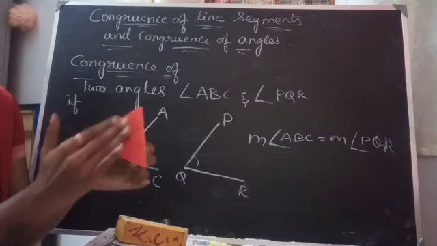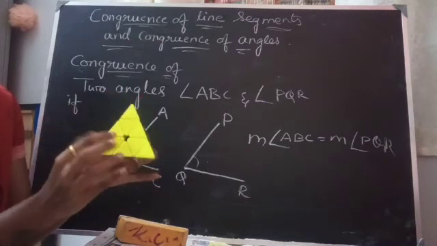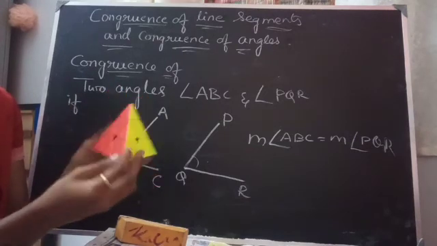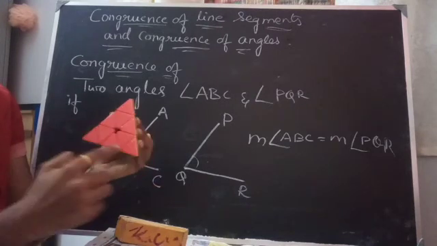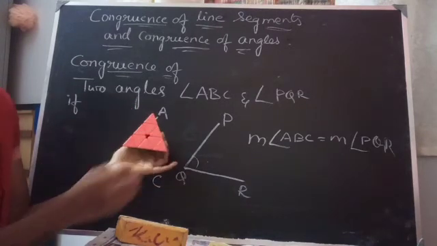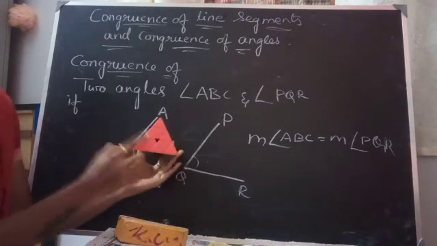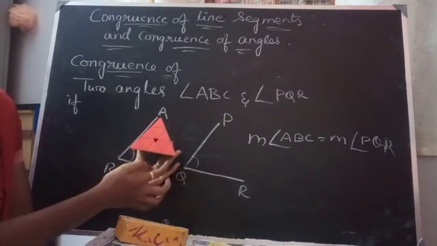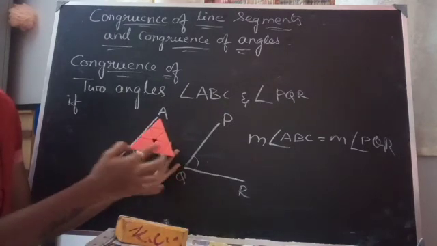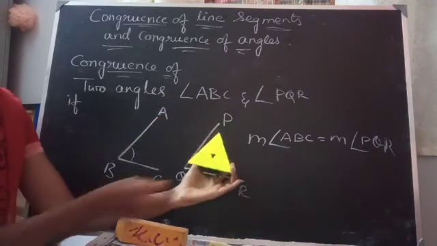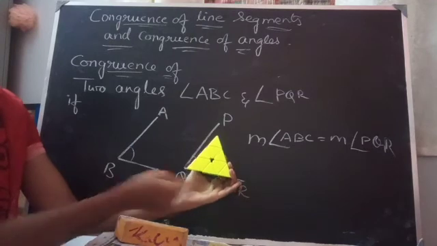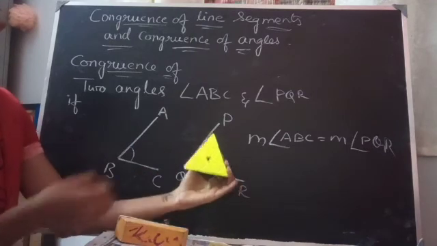So now let's consider the red face and the yellow face. Suppose angle ABC is equal to angle PQR. Okay, let's check.